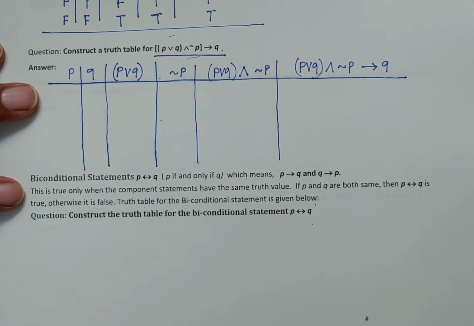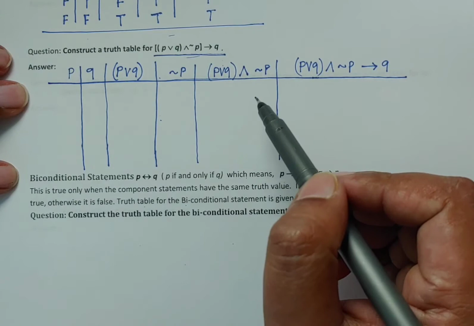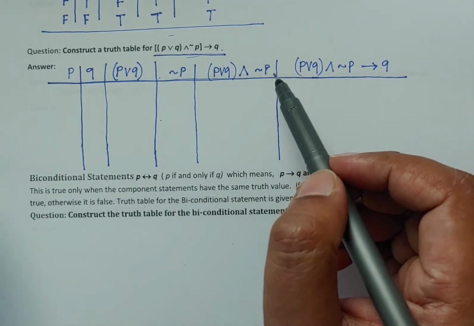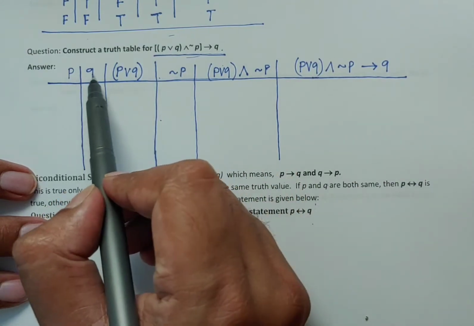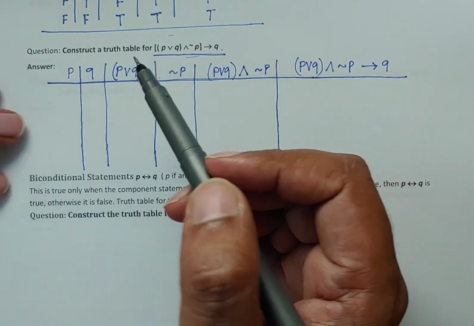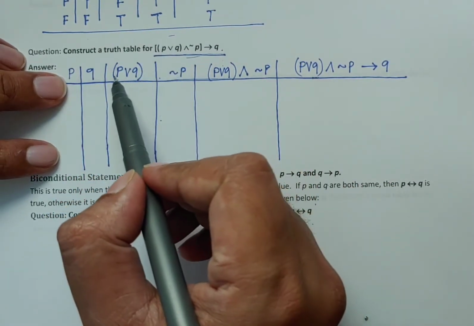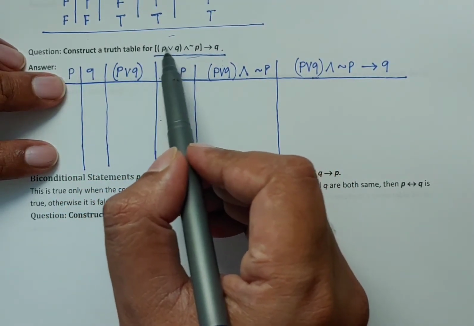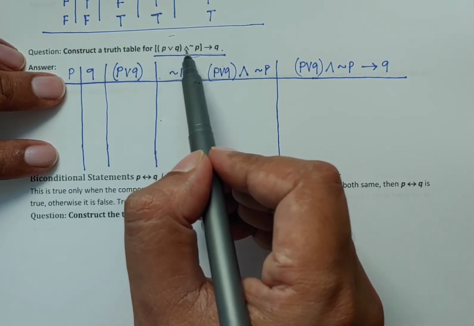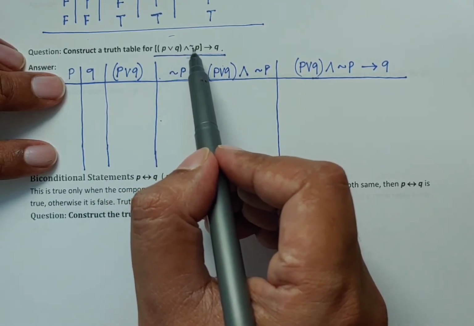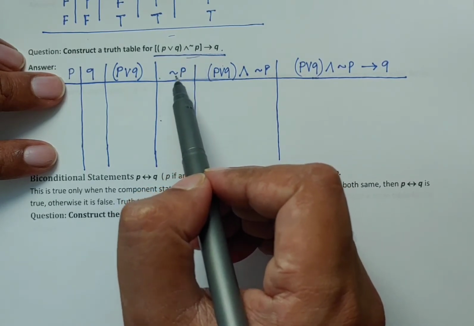What I'm doing here is not anything big, I'm doing it step by step. P and Q are in the question, and that is always the starting place of any truth table. Then P or Q, because here is P or Q. Then I combine this part with negation of P, but to do that, I need a negation of P column.